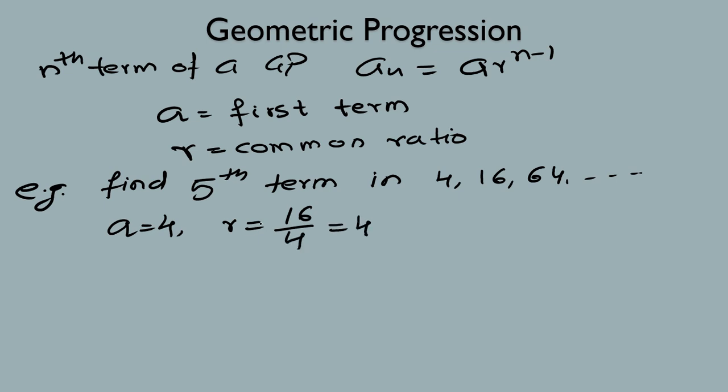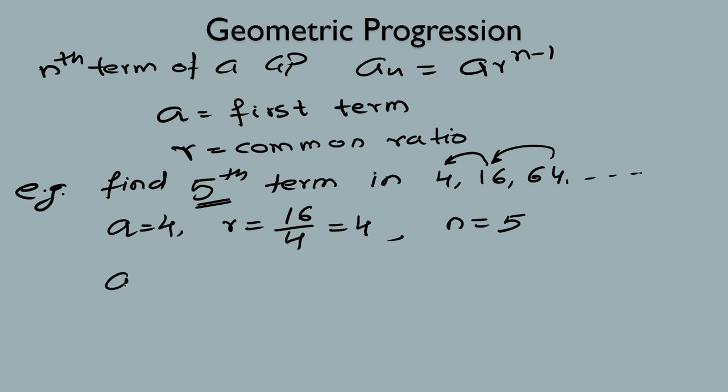My dear students, one thing you should check here is that you should not only divide the first two terms to find the common ratio. Definitely check this for other terms also, to make sure the common ratio is the same and there is no mistake. Make sure the common ratio comes the same for all consecutive terms. Now n is equal to 5 because we have to find the 5th term.